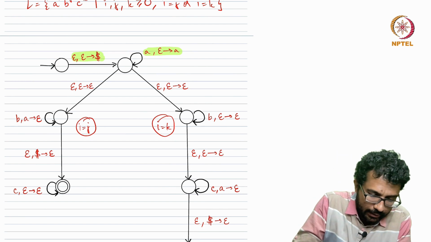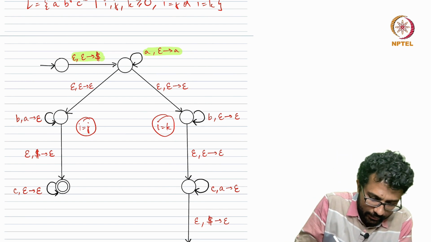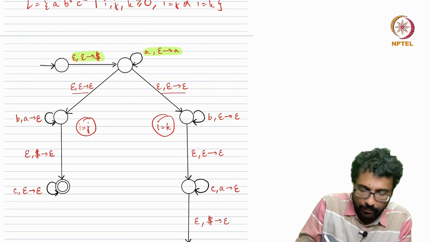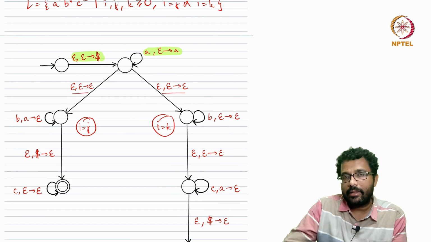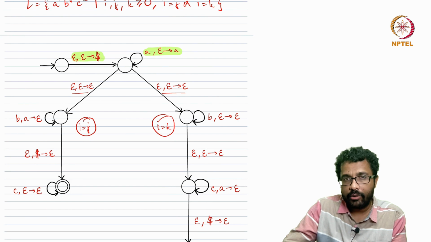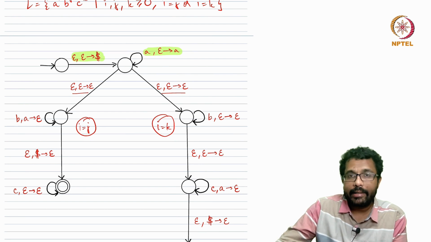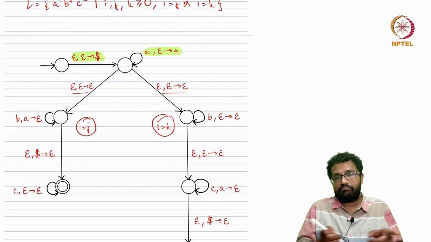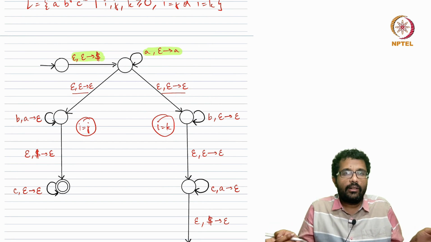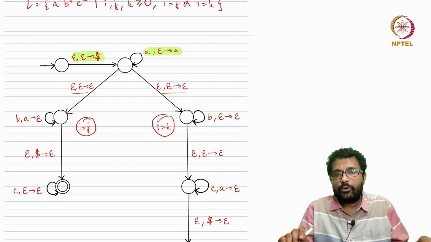And what is happening here? These are both epsilon transitions, right? Epsilon means you read nothing from the input, you read nothing from the stack, you write nothing into the stack. So basically you take one of these two paths.